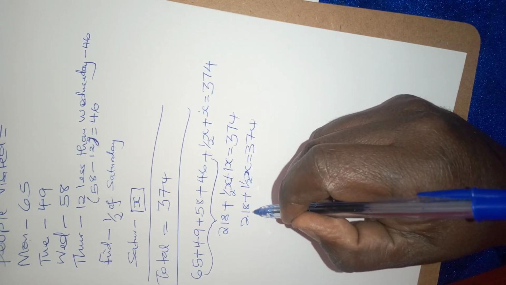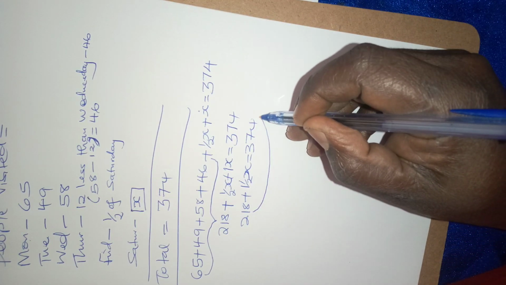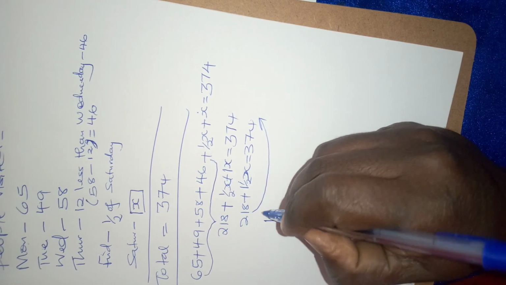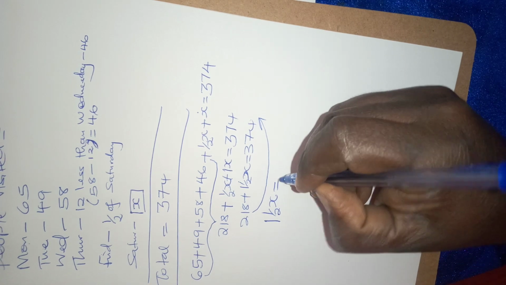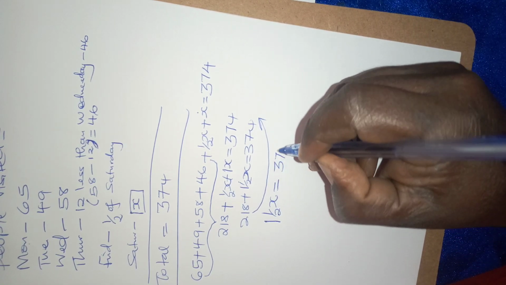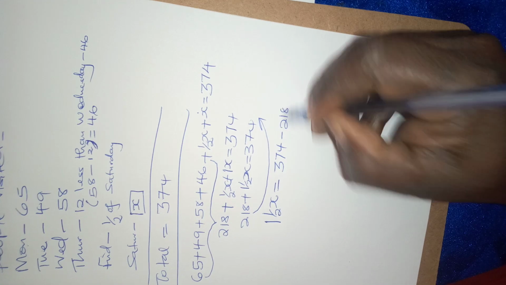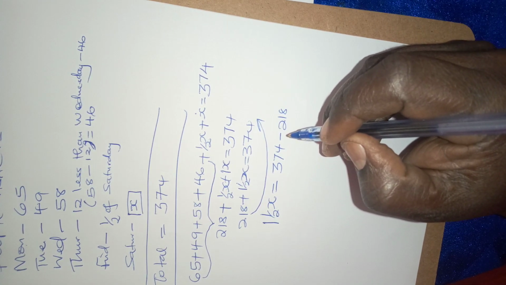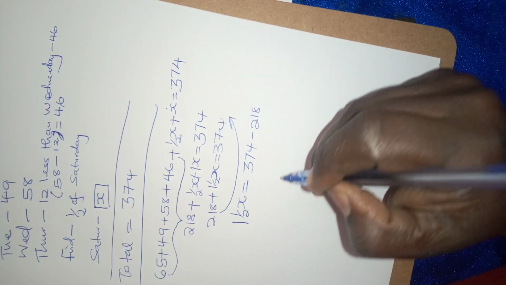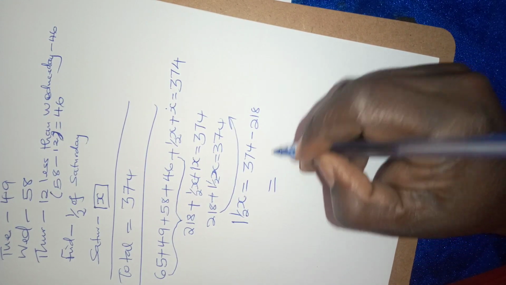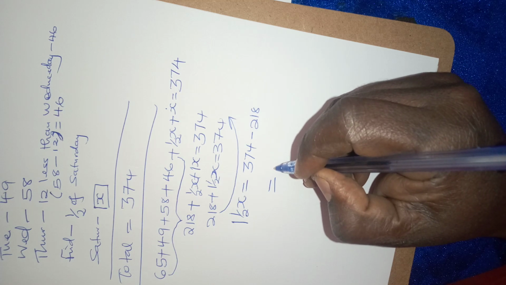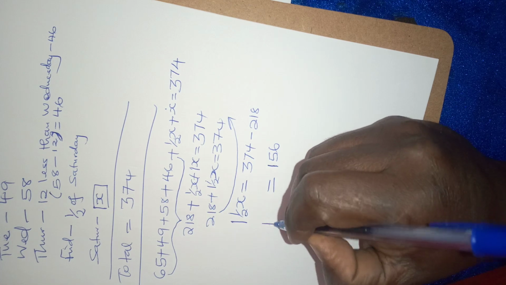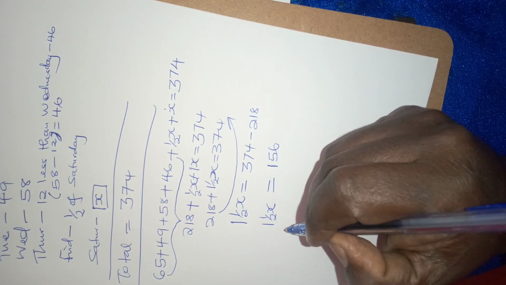If we take 218 to the other side of the equal sign, we shall be left with 1.5X on one side. Then we shall have 374 take away 218, which gives 156. That is the same as 1.5X.